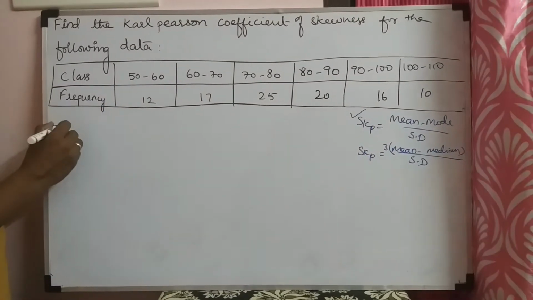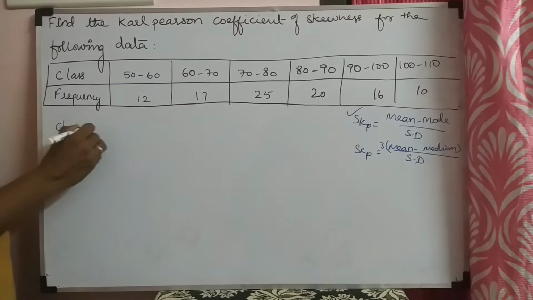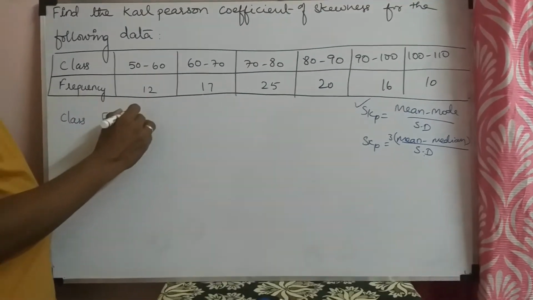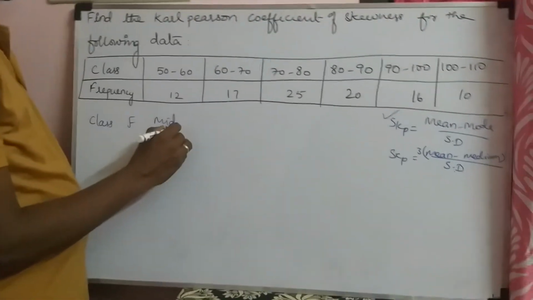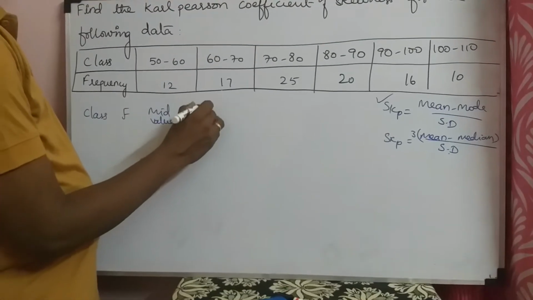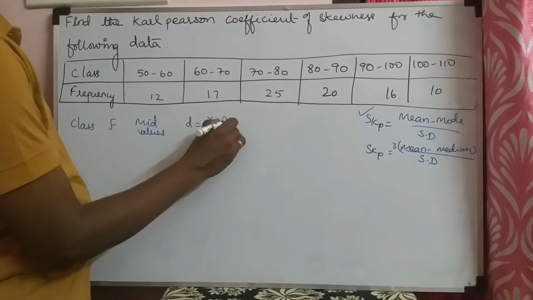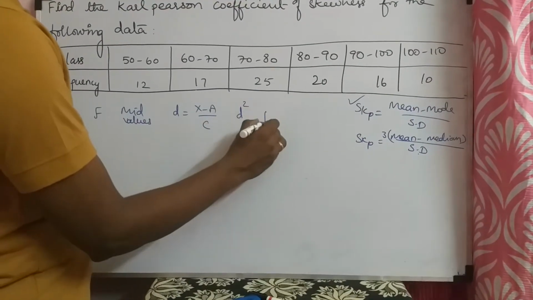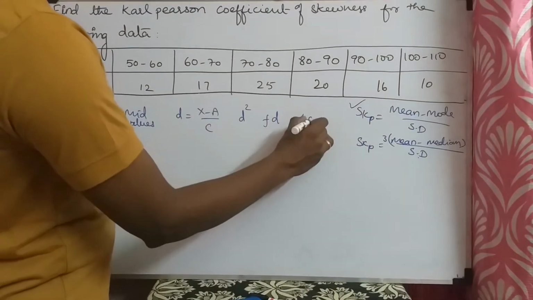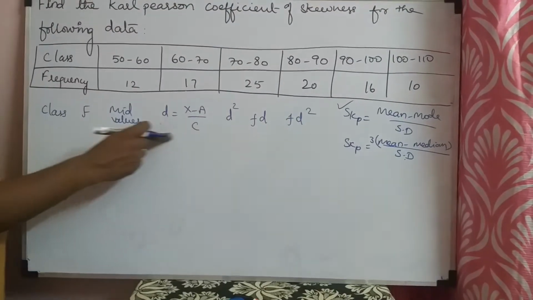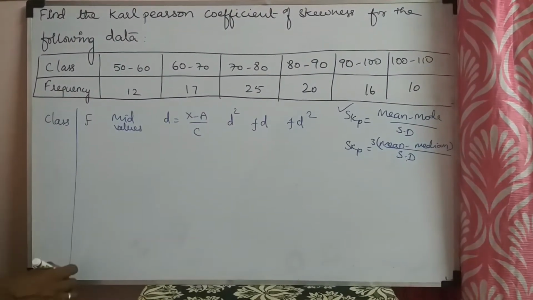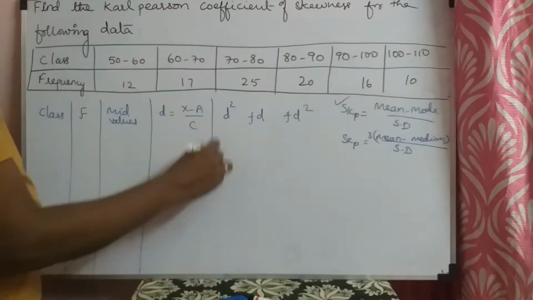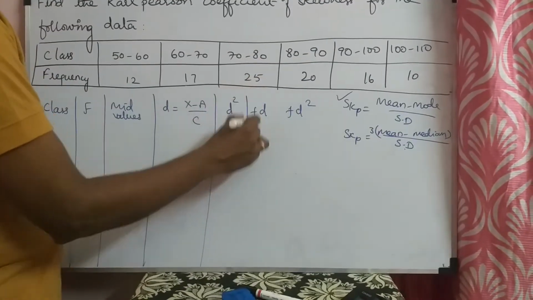So write the class as it is: class, frequency, and then mid values. Next, d equal to x minus a by c, d square, fd square. So these are the tabular columns we need to calculate the Karl Pearson coefficient of skewness for the first formula.